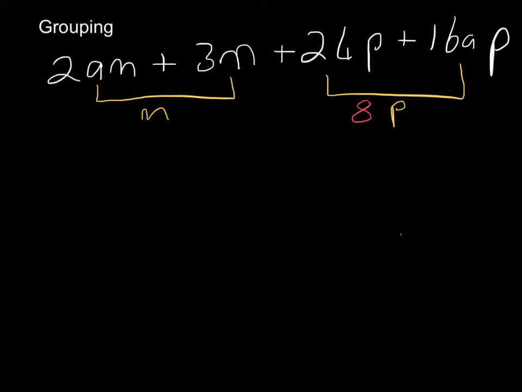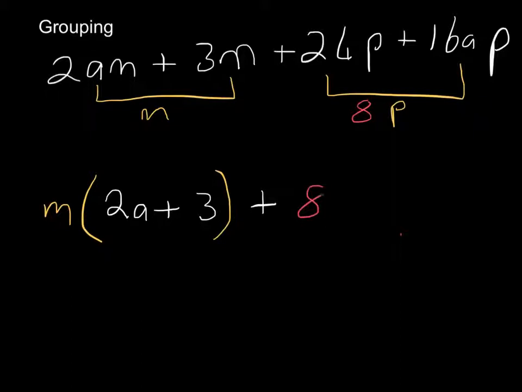So what we do is we take out our common factor m, and what's left over is then the 2a plus 3. Then we say plus, we take out our common factor of 8p. Now what's left over is, well, 24 divided by 8 leaves me with 3.